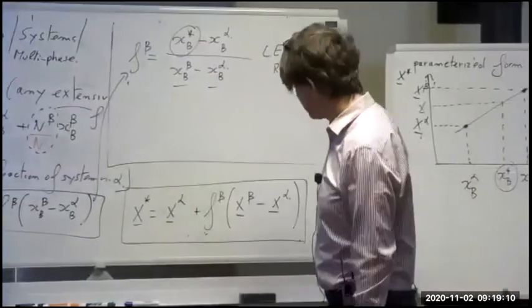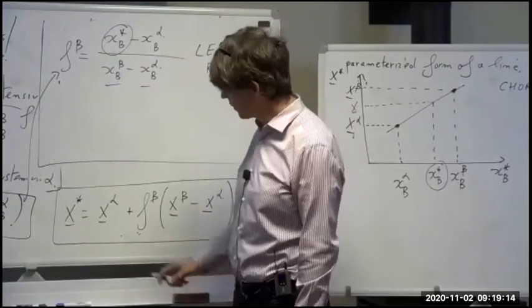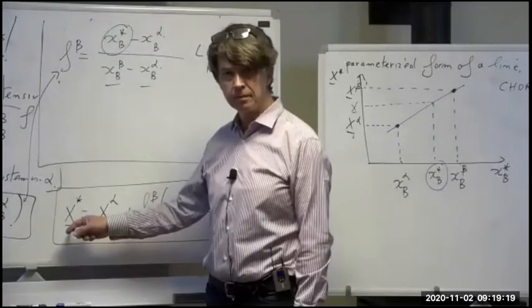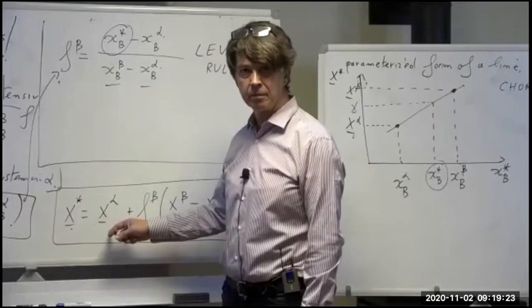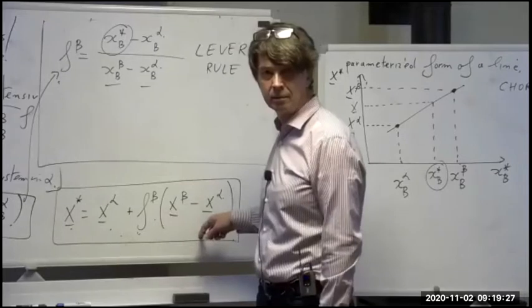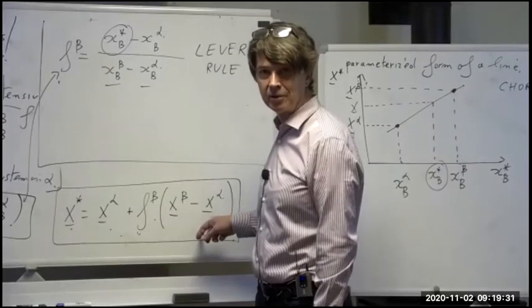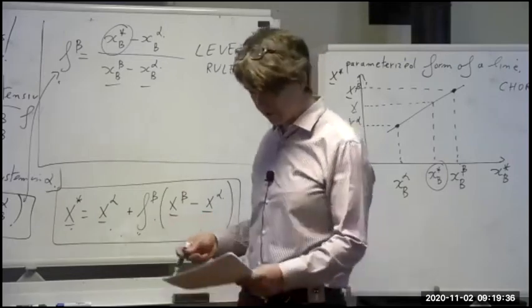And as you can see, this is also basically linear interpolation. I'm saying that my property X of the overall system is my property in alpha plus the fraction of beta I have times the difference. When you look at it like that, it makes sense. So to be honest, you could all probably just write this down. It really is just linear interpolation.